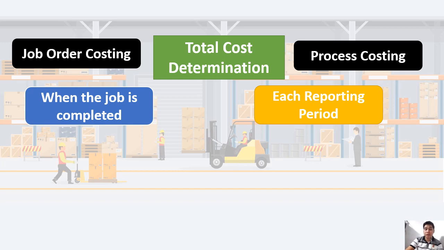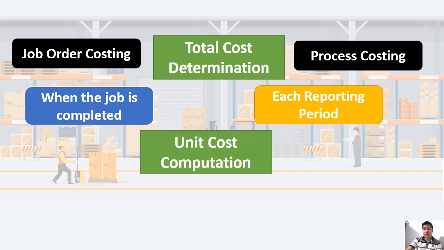Okay? Sa job order costing system, however, when the reporting period comes earlier, so pwede naman natin ma-determine yung total cost pero hindi pa yun yung pinaka-final cost niya kasi papasahan pa siya ng cost on the next period. So, ibig sabihin, sa job order, when the job is completed, or kaya naman, when the reporting period, whichever comes earlier.